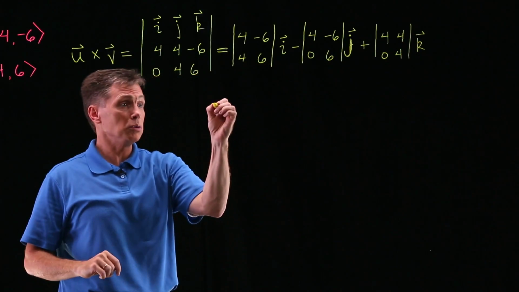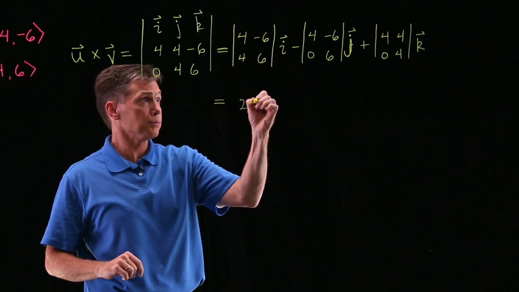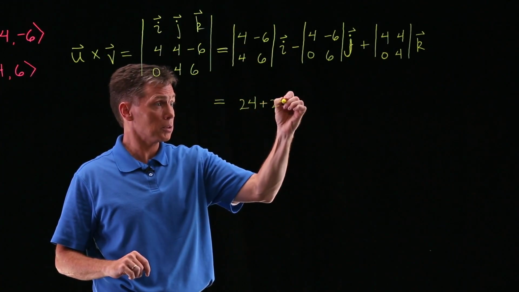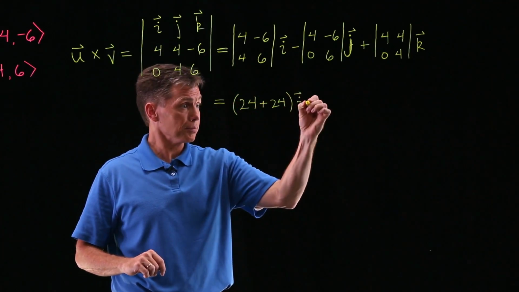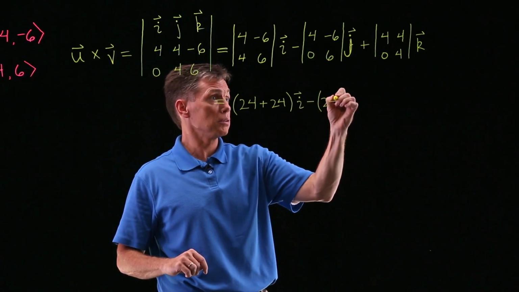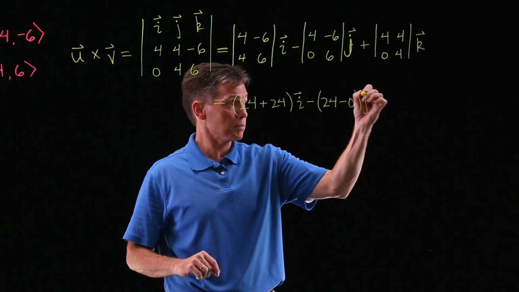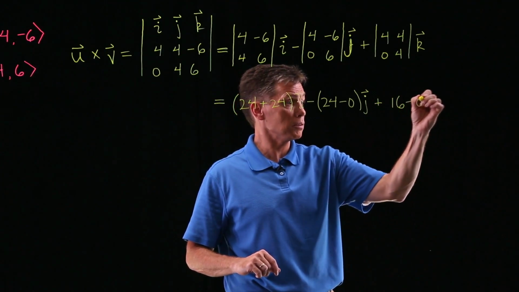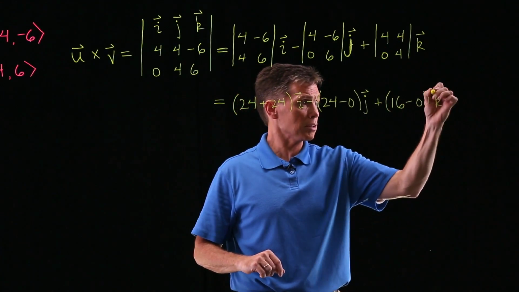Now let's do our little crisscrosses and get some results. 24 minus 6 times 4, negative those, so plus 24, multiplied by that i vector. Subtract, the crisscross here looks like 24 minus 0 times the j vector, plus 16 minus 0 for my crisscross, times the k vector.